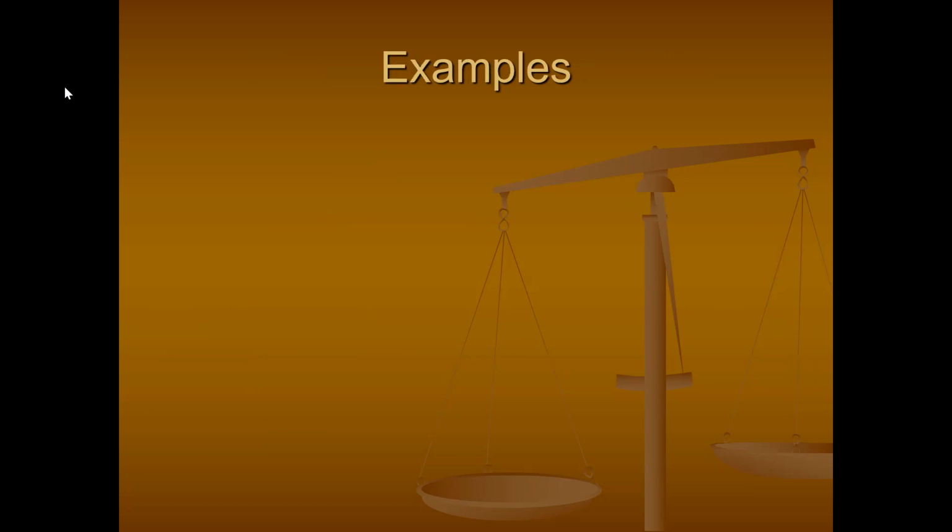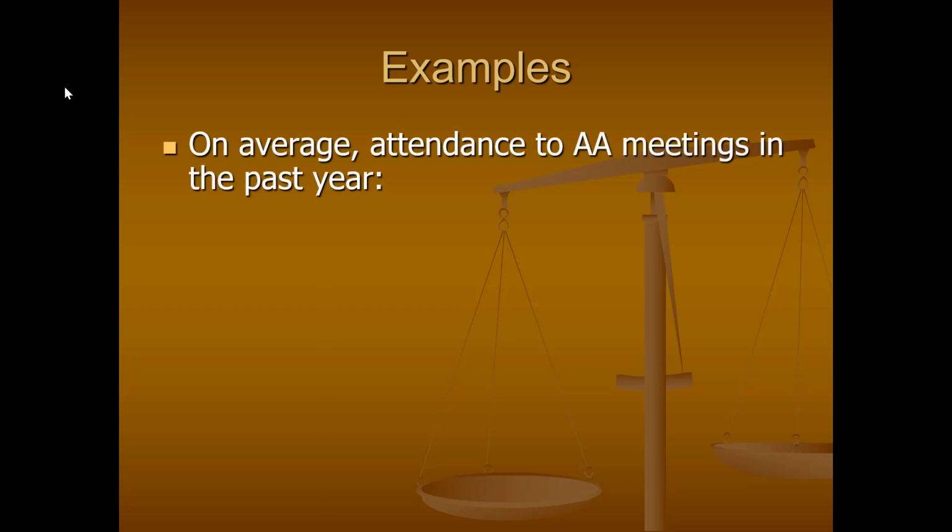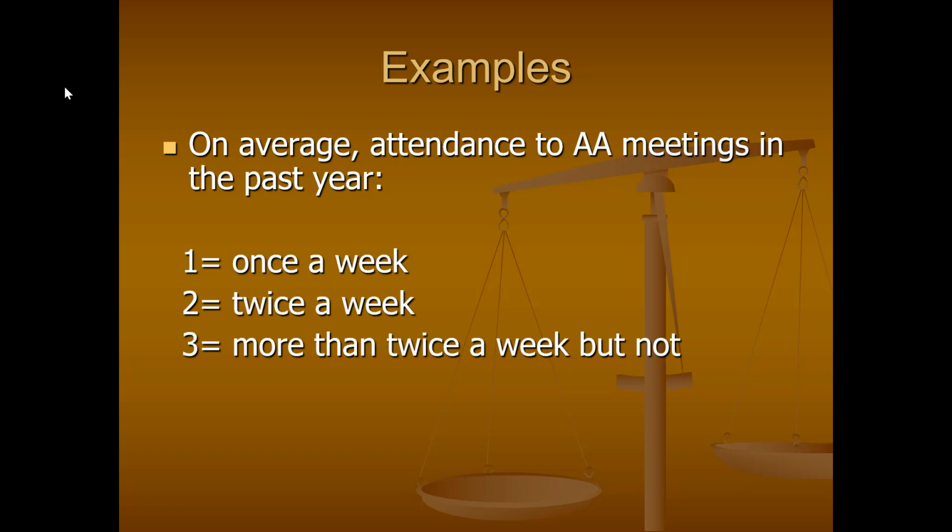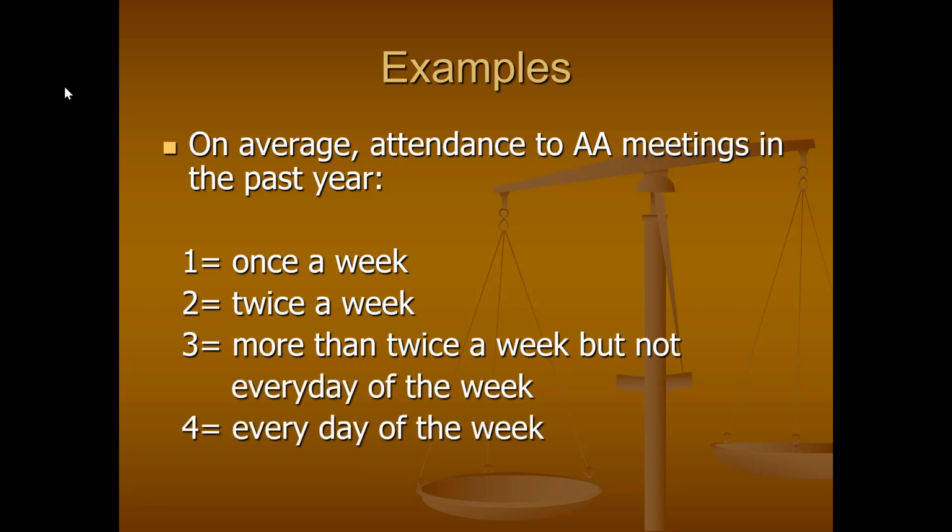So let me go over some examples, and then you can see if you can figure these levels of measurement out before I give you the answers. So here's an example of a variable. On average, I want to measure attendance to AA meetings in the past year. So someone could say once a week, twice a week, more than twice a week but not every day of the week, or every day of the week.